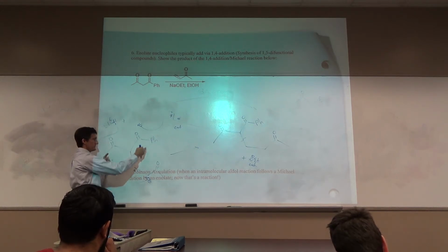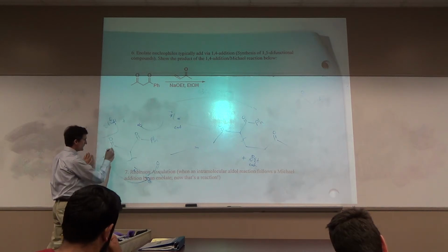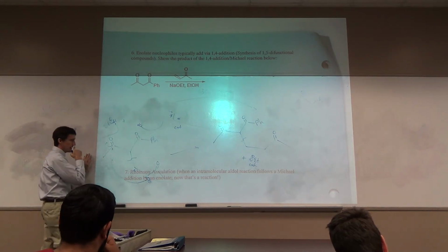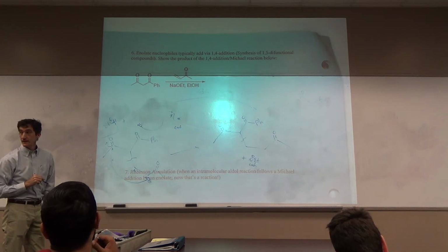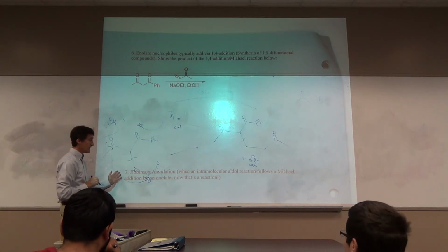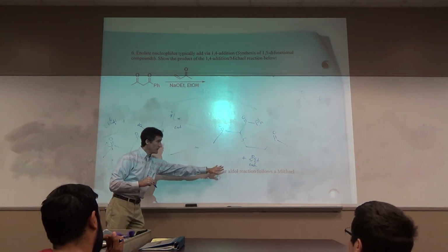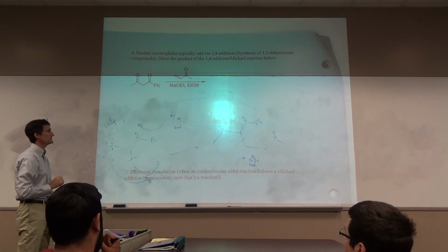What if, instead of picking up a proton, it reacted here? Electrons up. What are we doing there? It's going to be an aldol reaction. And what we have here is a Michael followed by an aldol reaction. If you do this, we're going to make a ring, and it will be a Robinson annulation.